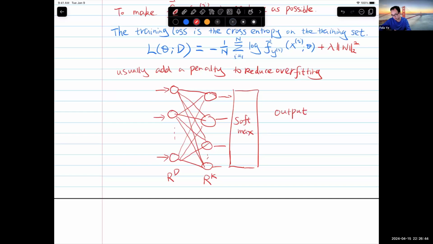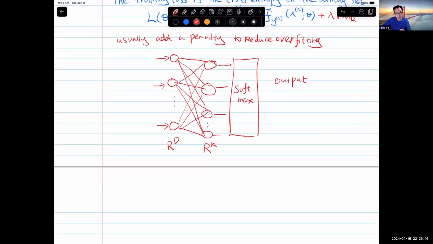Right, a very simple way of thinking of the neural network is as logistic regression. You can think of this as an input layer, and you apply a linear transformation, then you apply the softmax. You get R^K, the values being the probabilities, so this becomes the output layer.